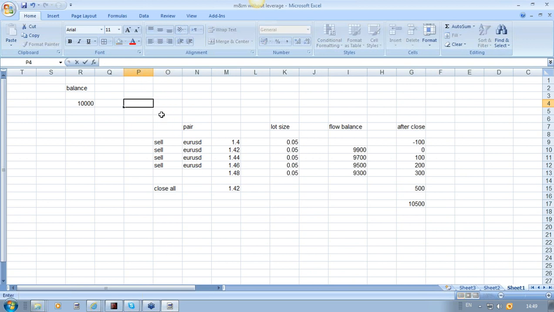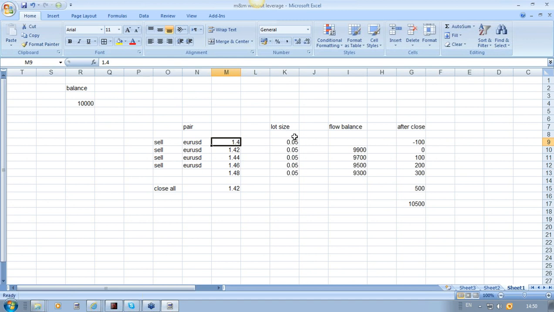Now, negative would be when I use lower than 1 to 1. For example, 0.05. Now, for example, I see critical divergence on weekly and daily chart. Okay, I start to sell, of course, based on the rules.